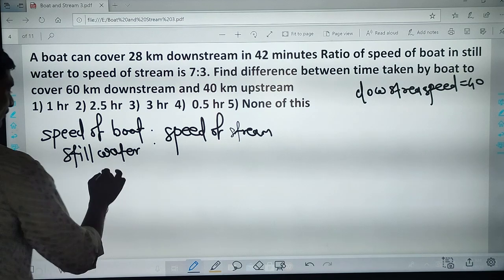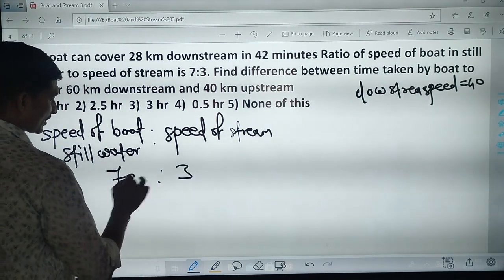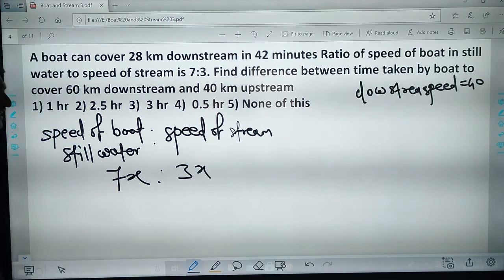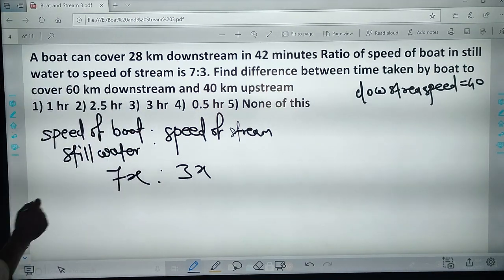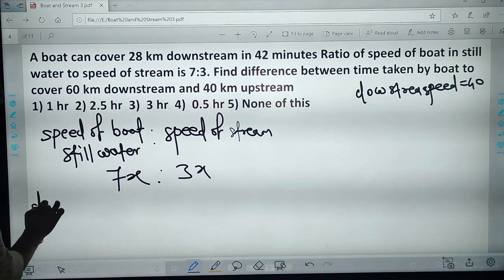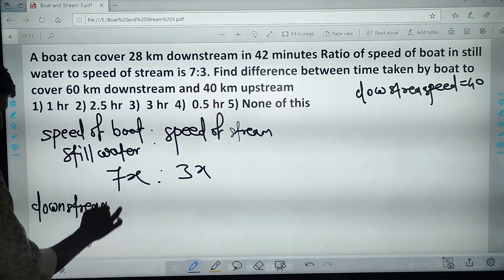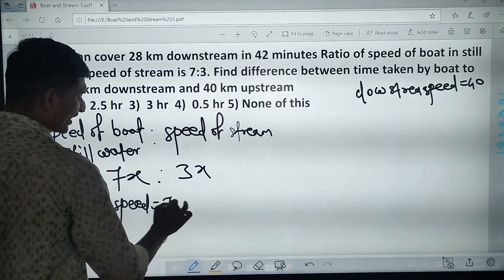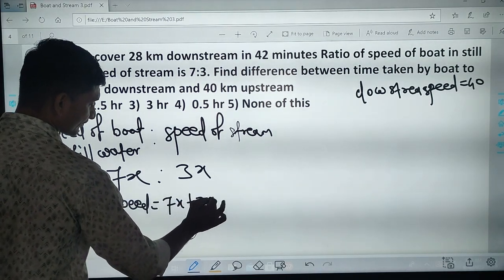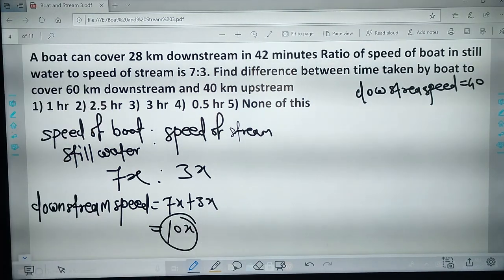That is, your speeds are 7x and 3x. From this value we find downstream speed. 7x plus 3x is equal to 10x. Your downstream speed is equal to 10x.